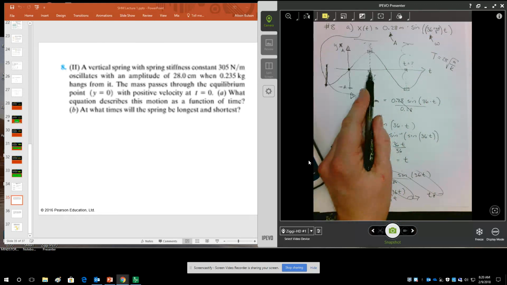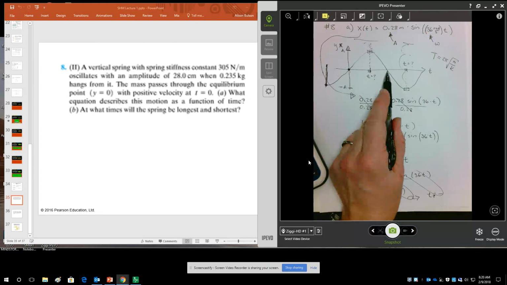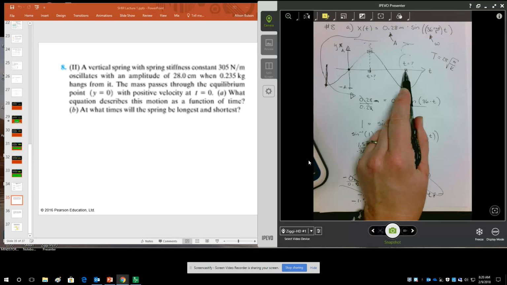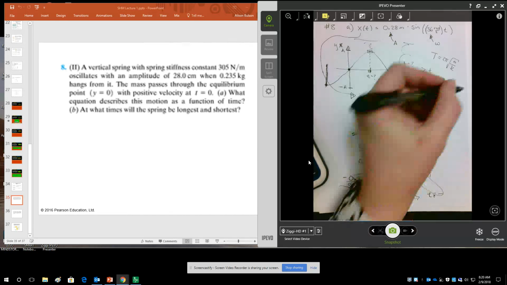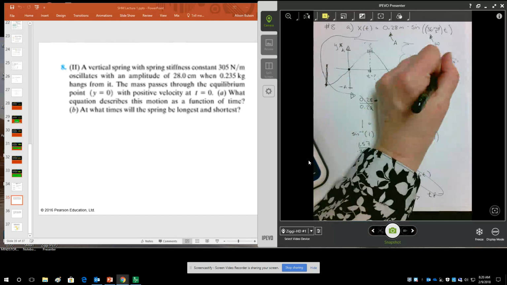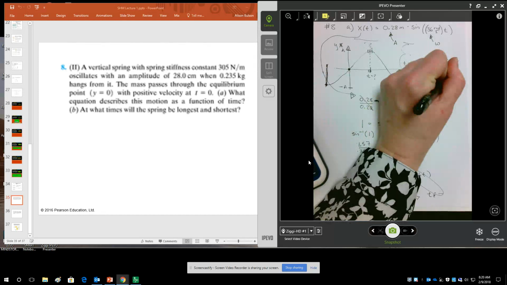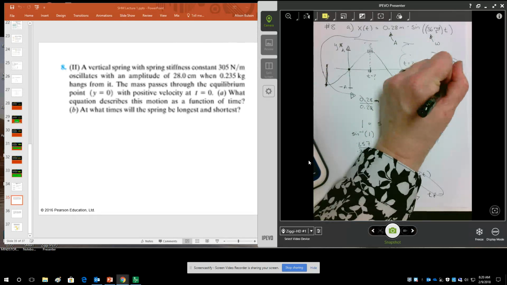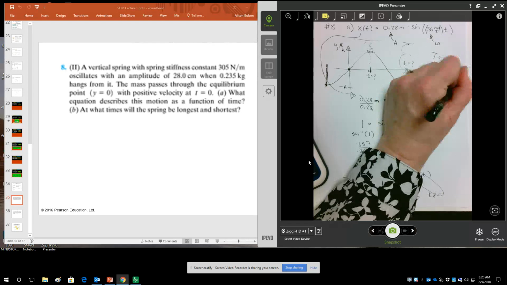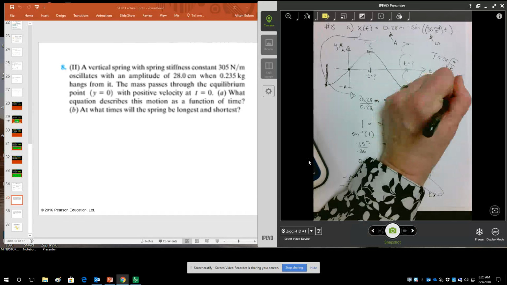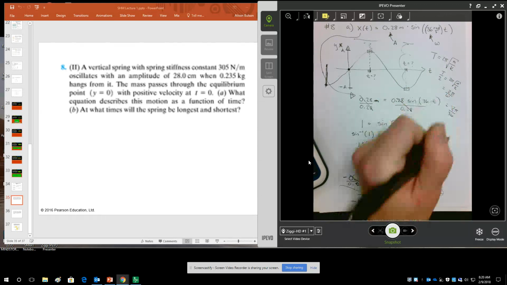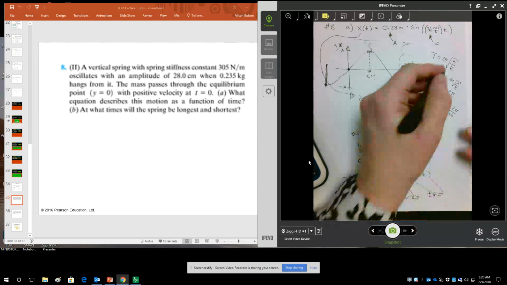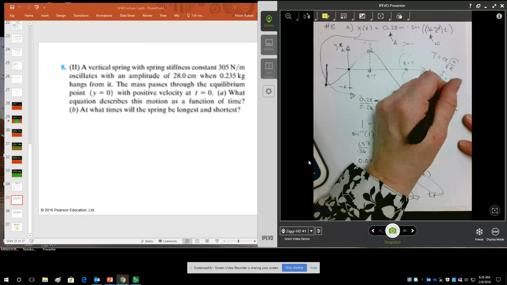So I know that this is half a period, this is 3/4 of a period, this is half a period, right? From peak to trough, I have half a period. So I can just find half a period, T over 2, is 2 pi square root of m over k. This is the same thing as 2 pi over omega, and so I'm going to say 2 pi over 36 radians per second, but I do need to divide by 2 in all of this.